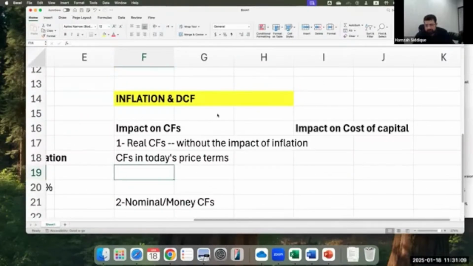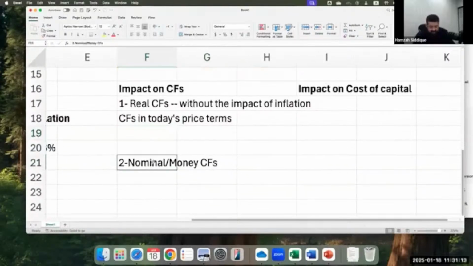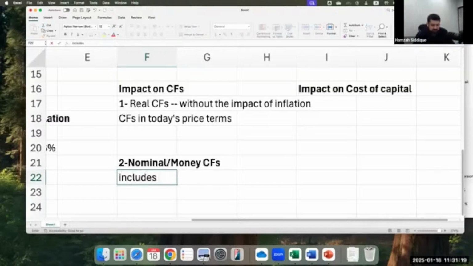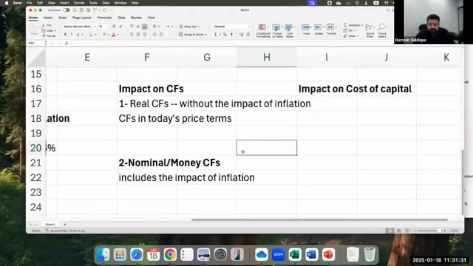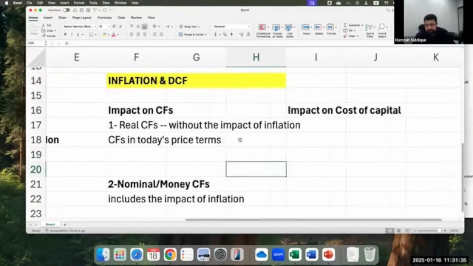Money cash flows or nominal cash flows include the impact of inflation. They are also called inflated cash flows, already adjusted for the inflation.